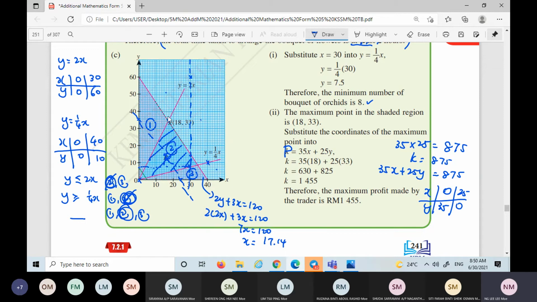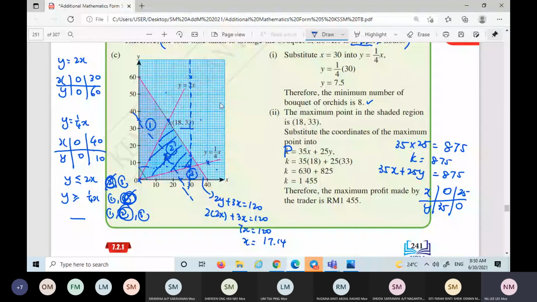Then the surrounding point that still falls in the region and is the highest, this is the point. You've got to analyze a little bit. I repeat, you know already this is 17.14.